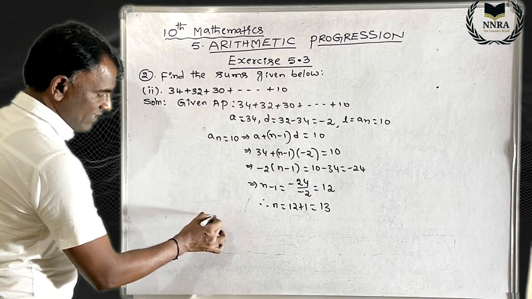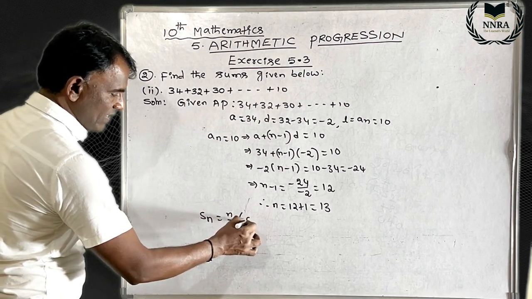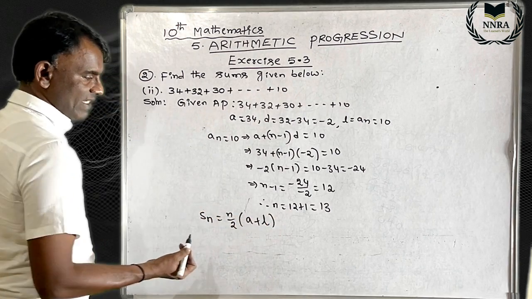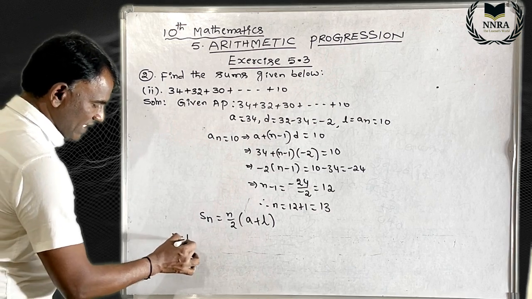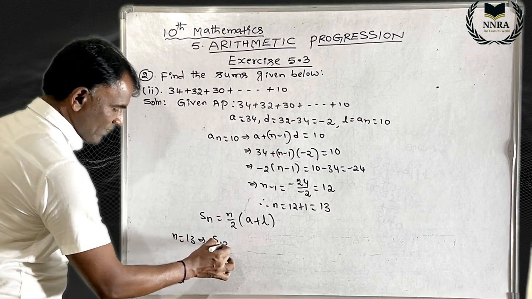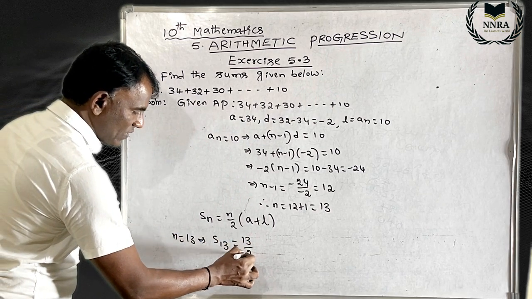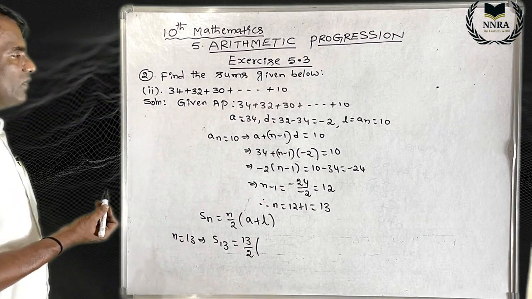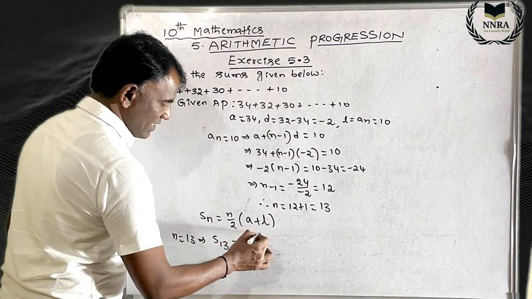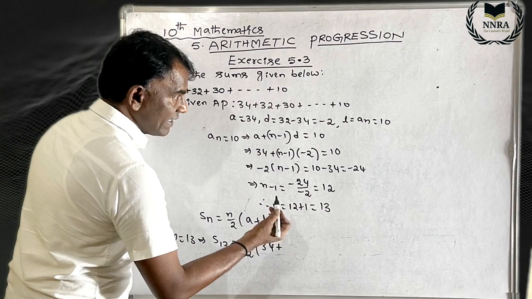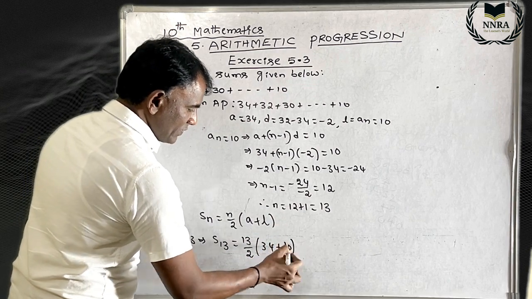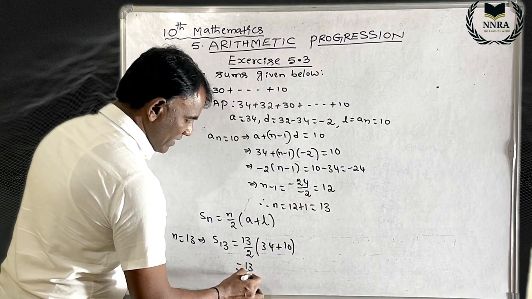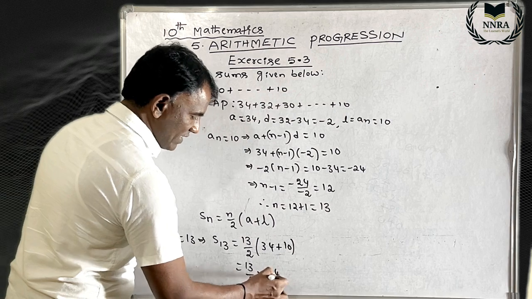Now Sn equal to, what is the formula? n by 2 into a plus l. Now n equal to 13, so S13 equals 13 divided by 2 into a plus l. What is a? 34. And the l value is 10. So 13 divided by 2 into 44.